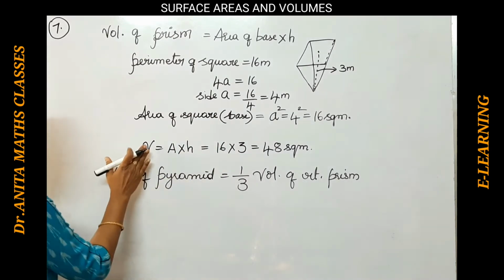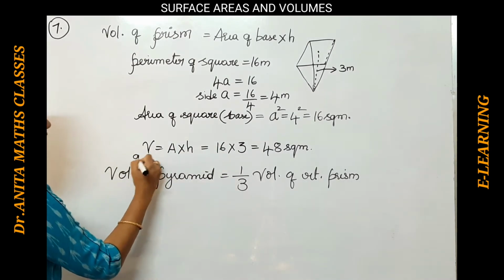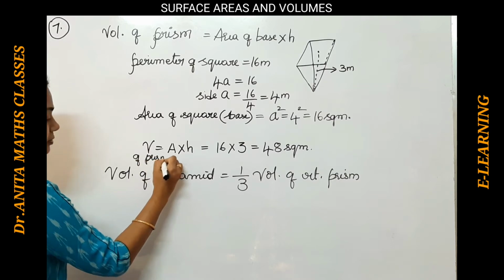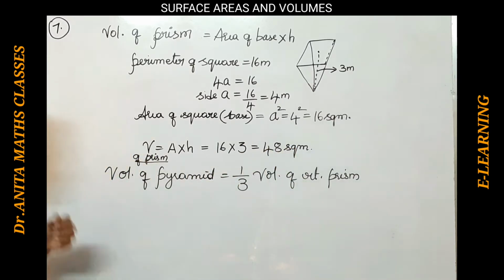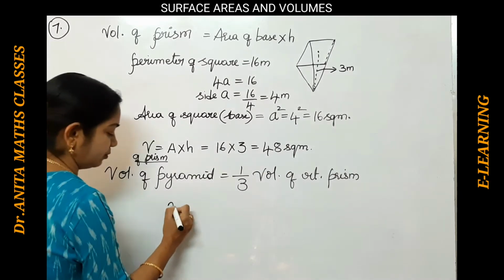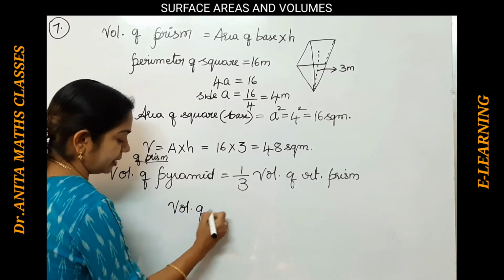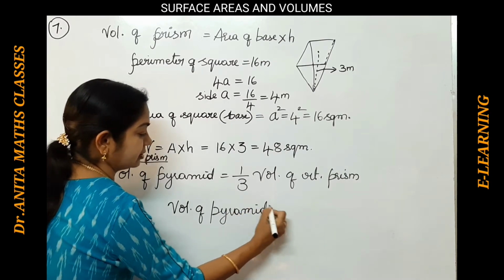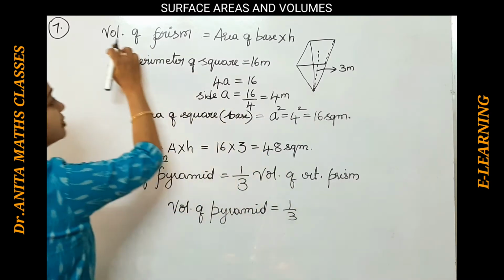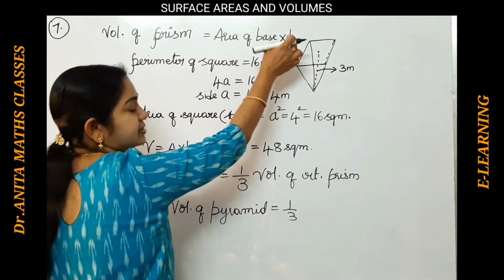Now, we got the volume of prism here, okay, that is 48. But we want the volume of the pyramid. Yes. So there is a correction here. Please make that note. Here this is the volume of a prism, that is area of the base into height.